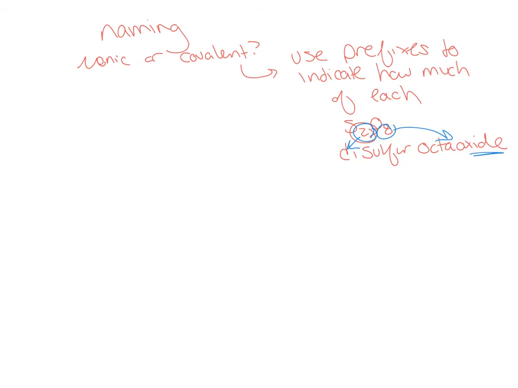Okay? If it's ionic, the first thing you check for is, are there more than 2 elements? If so, look at table E. That means something is on table E. Pull the name of that from table E and don't change it. Okay?